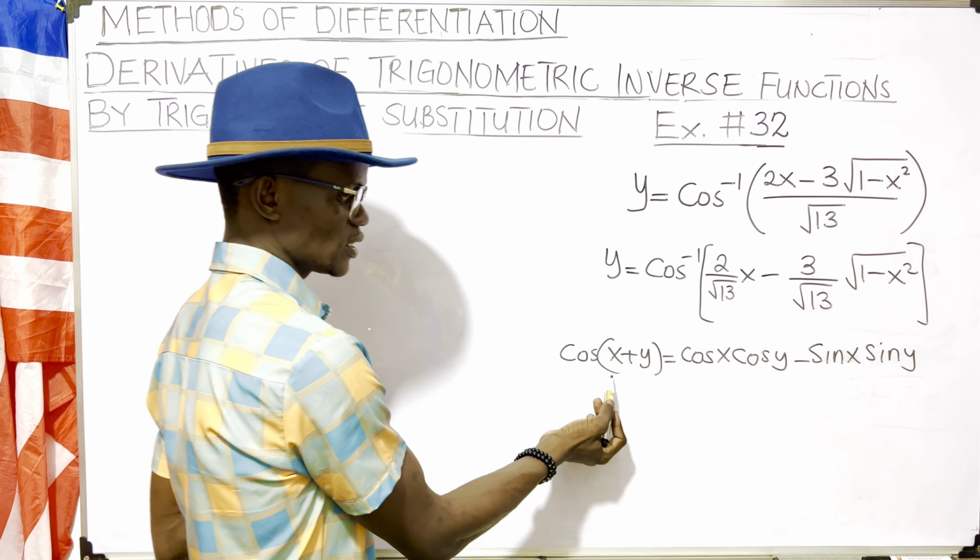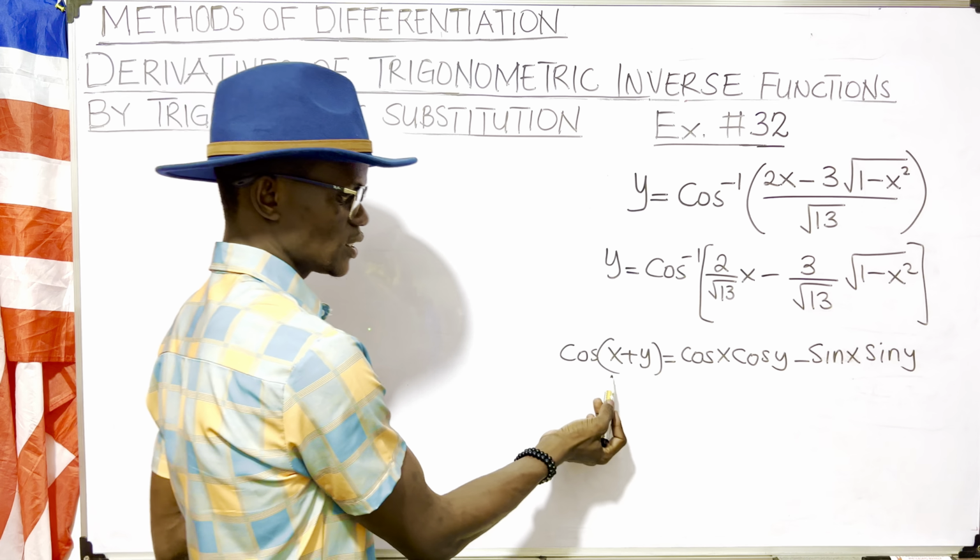So this is the cosine of a sum identity, right? This term represents the first term, and this term represents the second term, and there's a minus between them. We want to substitute, so it means that cos of x is equal to 2 over the root of 13.